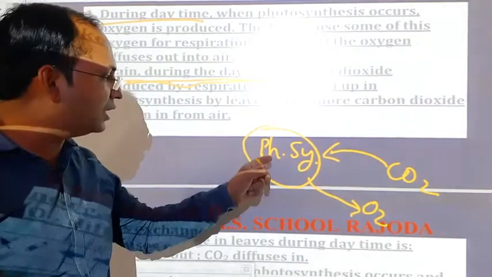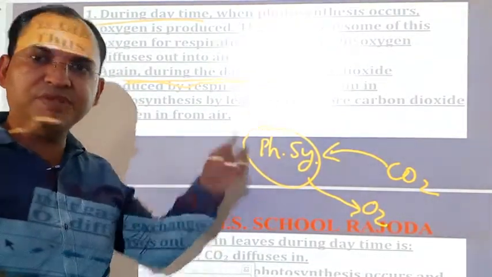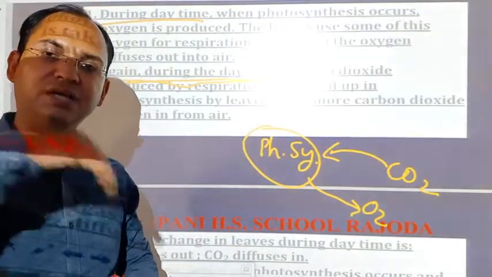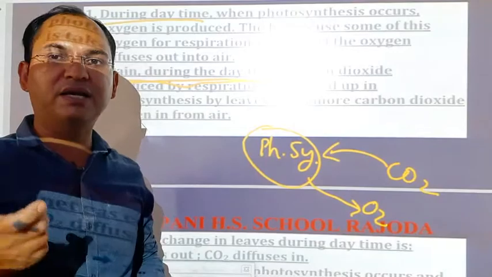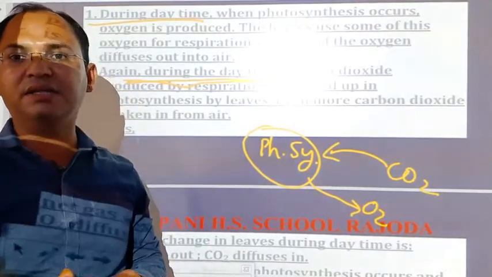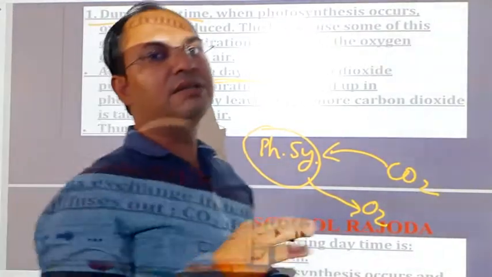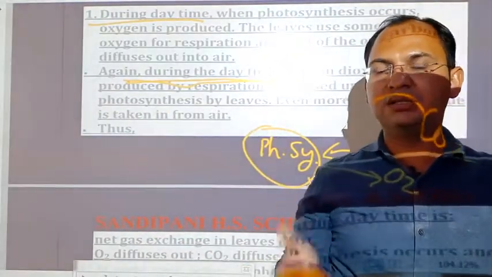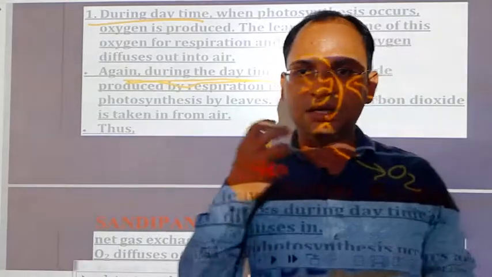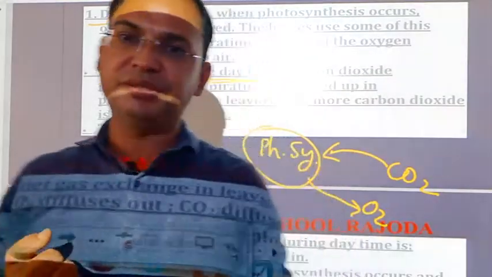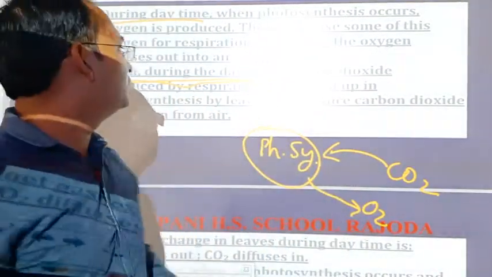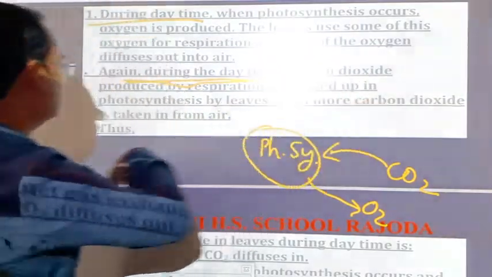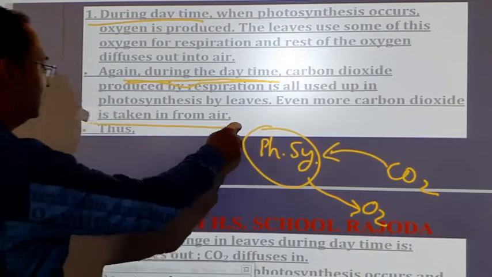When it utilizes oxygen, it also produces carbon dioxide, and the whole amount of that carbon dioxide is utilized by the plant, because the plant needs a large amount of carbon dioxide. So along with the little carbon dioxide produced by the plant, it also absorbs carbon dioxide from the environment. So see here, for photosynthesis by leaves, even more carbon dioxide is taken from the air.